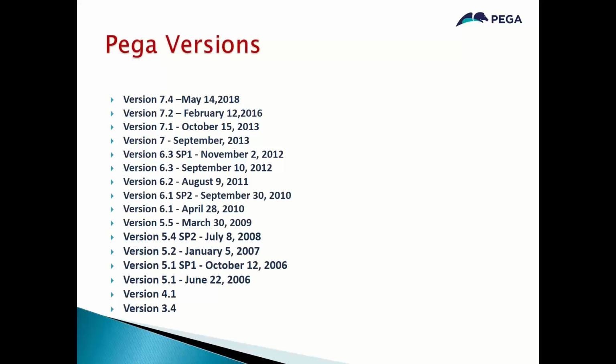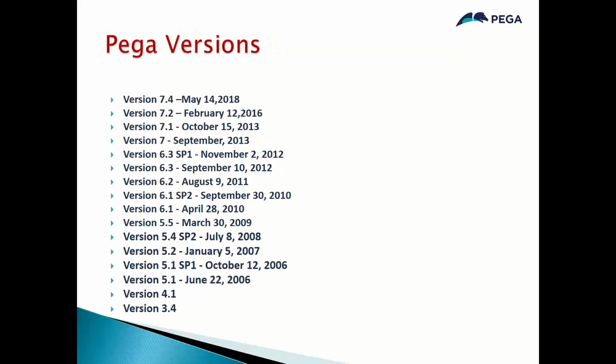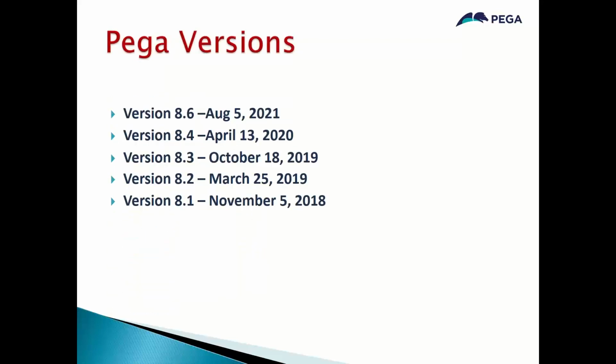I used most of the versions: 6.2, 6.3, 7.2, 7.4. We have 7 up to 7.4, and later they directly released version 8. I worked on 8.2, 8.4, 8.6, and 8.7 also. Some companies may not use certain versions.